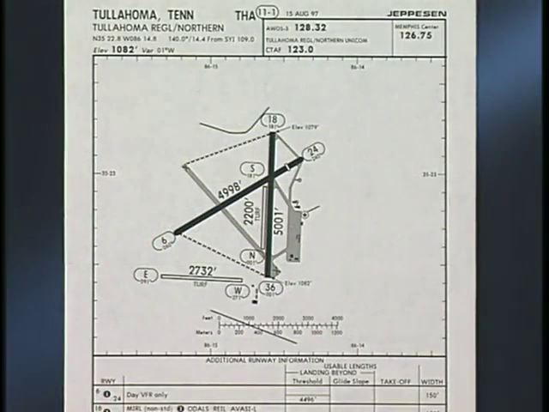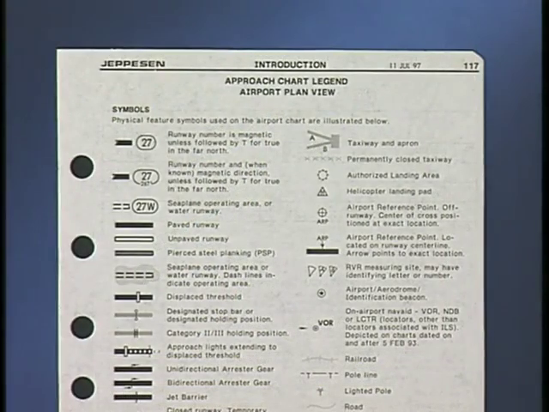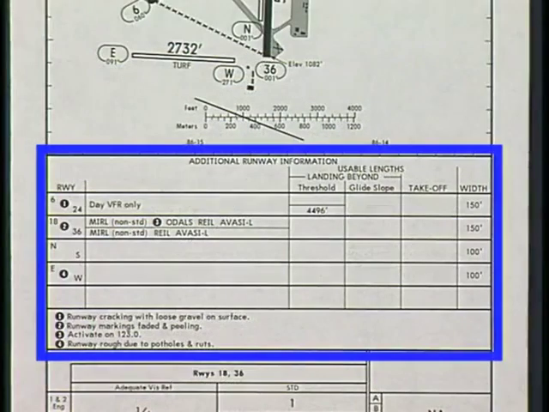The airport plan view depicts the layout of runways and taxiways, as well as selected surface features in the airport environment. A complete description of all symbols used on the chart can be found in the approach chart legend. The additional runway information section presents more detailed information than can be shown on the plan view.